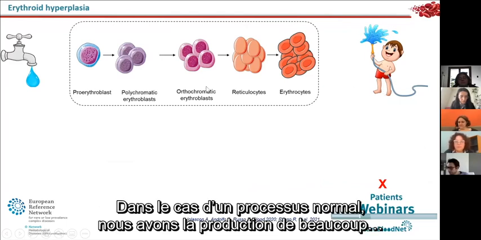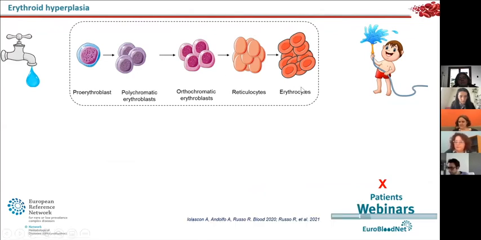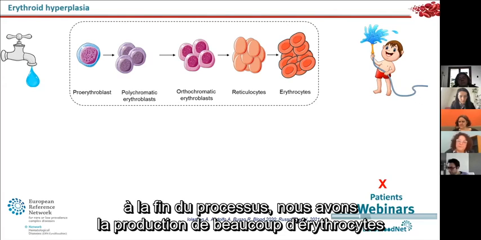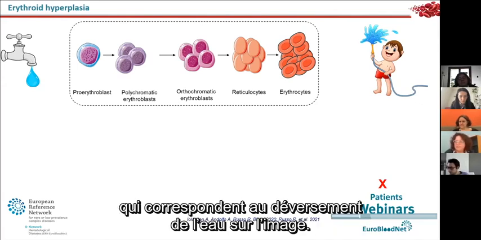And during the normal process, at the end of the process, we have the production of a lot of erythrocytes that correspond to the spill out of the water in this picture.